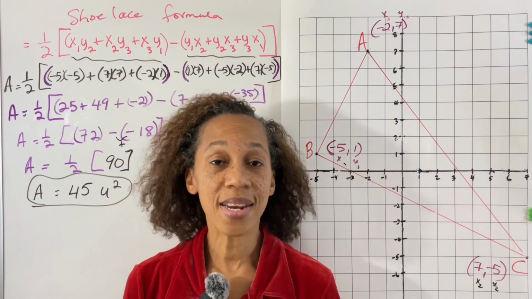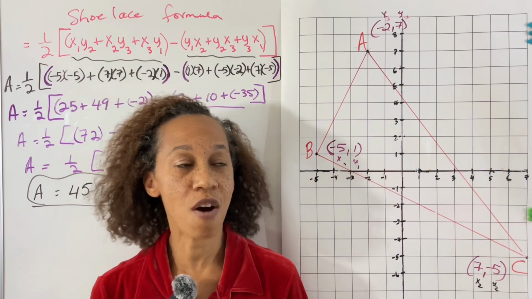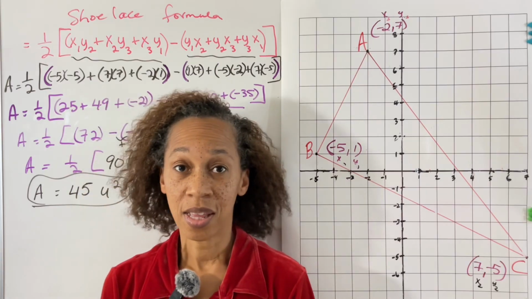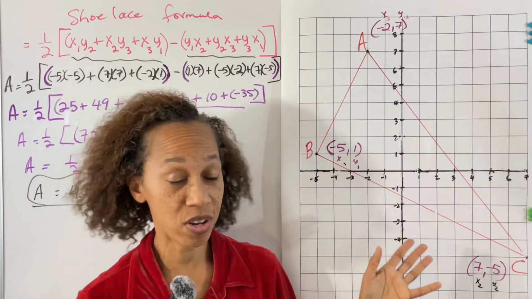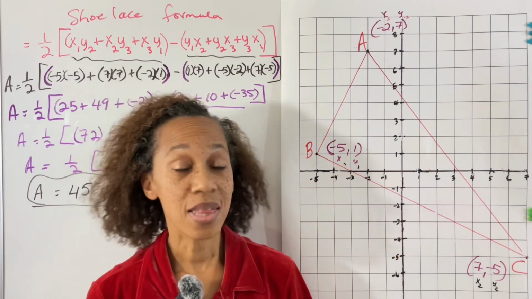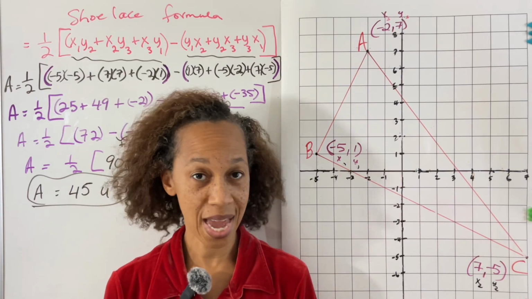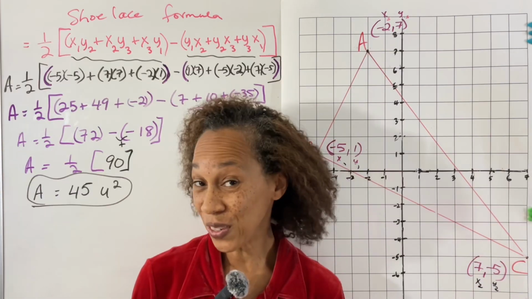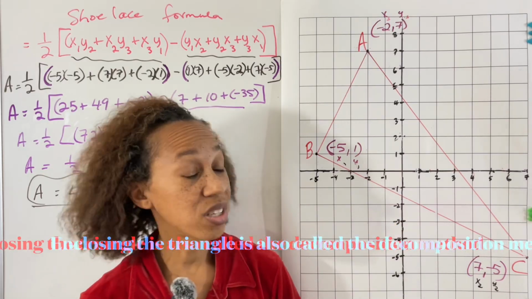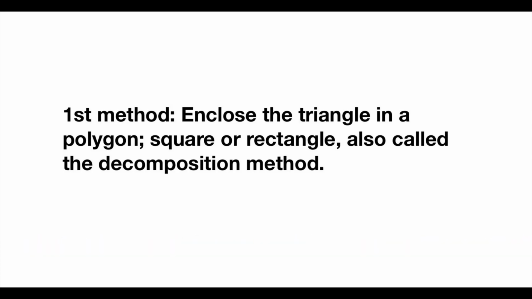So in conclusion, now that you know how to apply all of these 4 steps to find the area of a given triangle when it is given to you on a coordinate plane or on axes, and there are no coordinates or measurements given for either of the lengths, then you have to apply one of the 4 methods that I just illustrated to find the area of that triangle. The 4 methods are enclosing the triangle in a square or a rectangle, depending on the shape of the triangle.